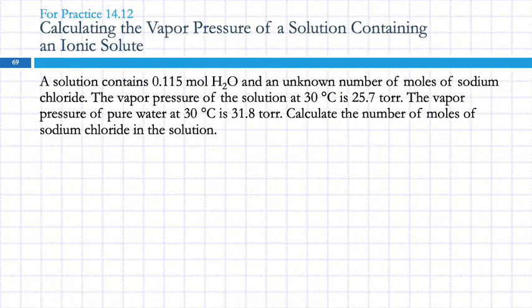Okay. So the vapor pressure of the solution is equal to the mole fraction of the solvent times, I'm sorry, not the mole fraction, the vapor pressure of the pure solvent. So here our solvent is water.